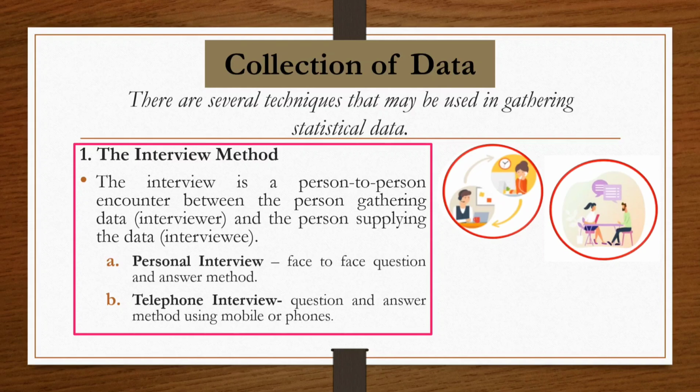If it says personal, you have to be together with the person you are interviewing. You are in one place. But if it is a telephone interview, you can use any media to gather the information from the person you are interviewing. So those are the two types of interview method.